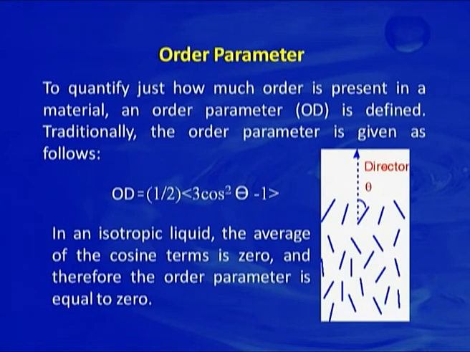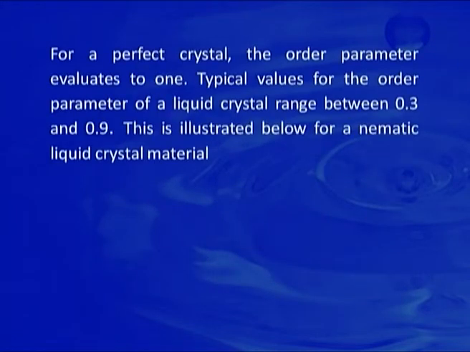In an isotropic liquid, just like water, the average of the cosine term is 0, and therefore the order parameter is equal to 0. In a pure, isotropic liquid, the order parameter is equal to 0, but in a perfect crystal, the order parameter evaluates to 1.